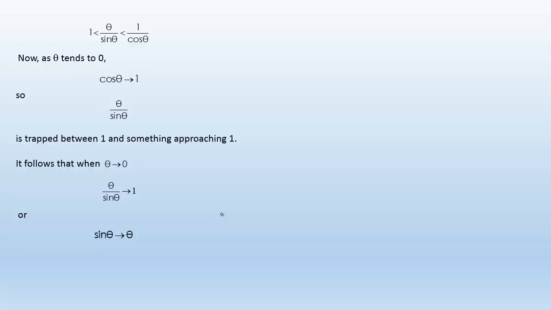You can try this out on your calculator if it's in radian mode. Just keep taking the sine of very small angles and make the angle smaller and smaller, and you'll find that the sine and the angle approach each other as theta tends to 0. This is really important when we differentiate from first principles.